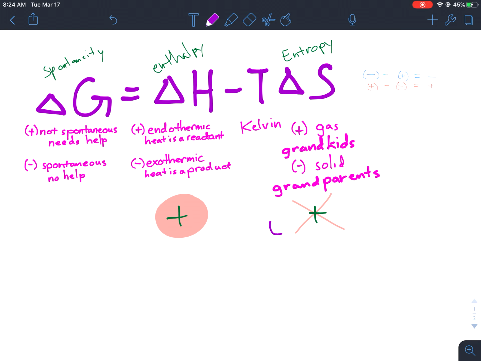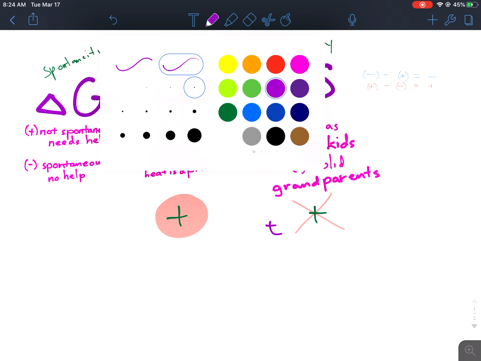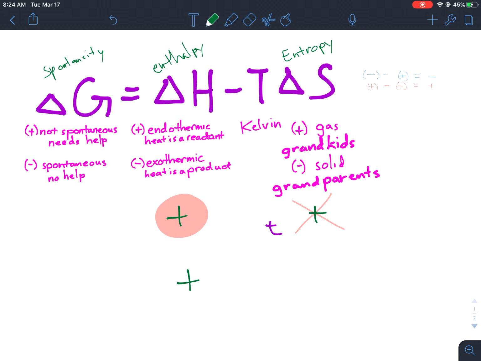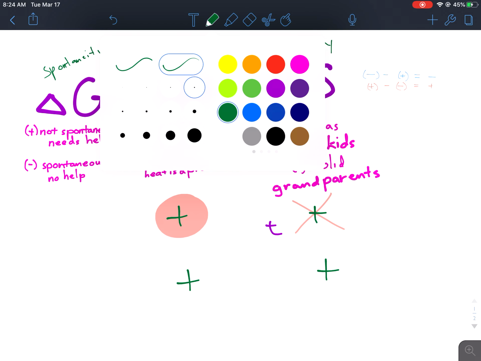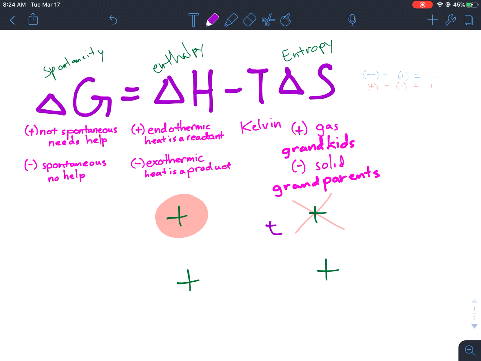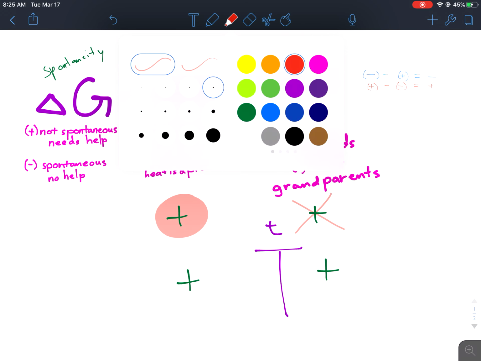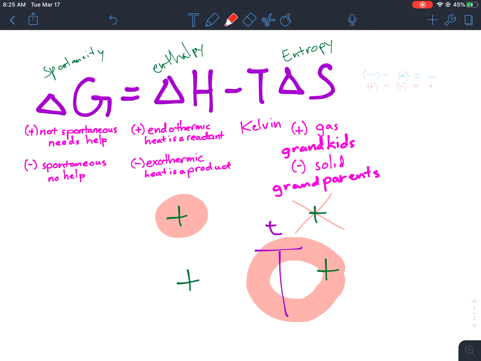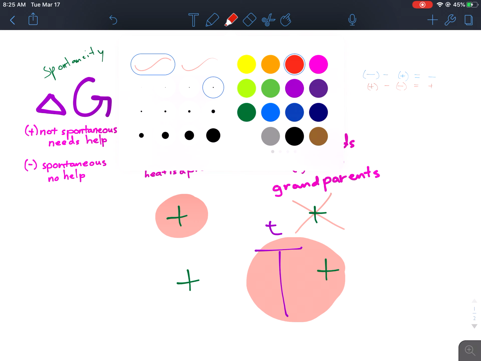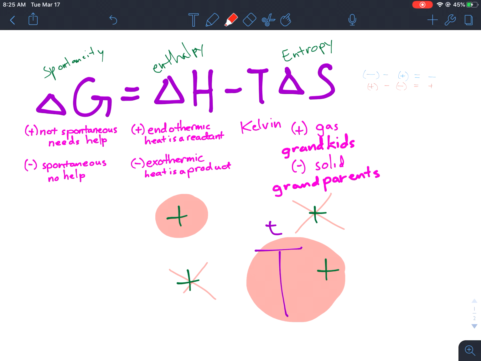But say you have the same exact scenario, positive and positive, and you have a gigantic temperature in Kelvin. Then your T delta S will overcome your delta H. If you have a positive minus a really big positive, you will actually turn out negative.